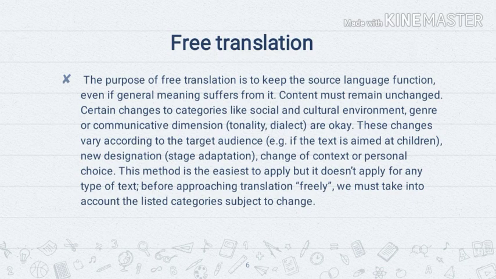These changes vary according to the target audience, e.g., if the text is aimed at children, you design or stage adaptations, change of context or personal choice. This method is the easiest to apply, but it doesn't apply for any type of text. Before approaching translation freely, we must take into account the list of categories subject to change.